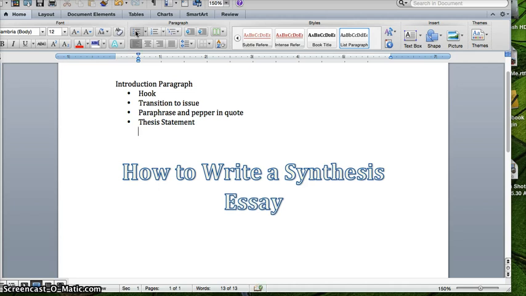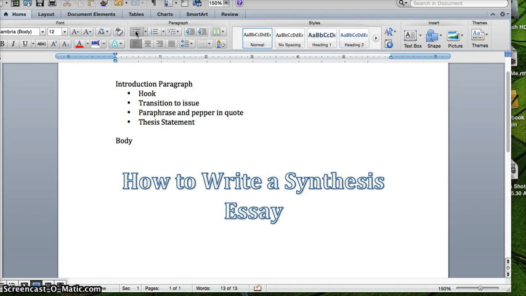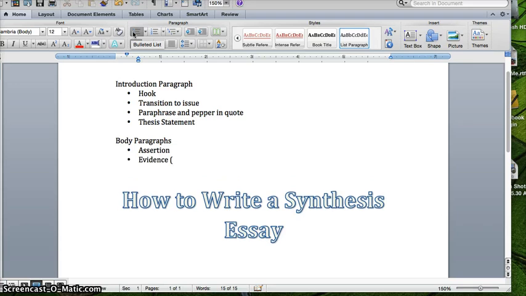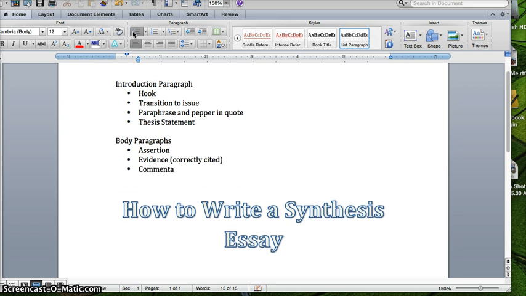All right, then you need to move into your body paragraphs. No matter how many body paragraphs you have, we'd like to shoot for 3, but if your time is short, sometimes it might be less than that, we want them to follow this format: assertion, evidence that needs to be correctly cited, and commentary. Remember that when we talked about GEEKS, your assertion is the G, general focus, and the idea or the general focus used in a sentence.